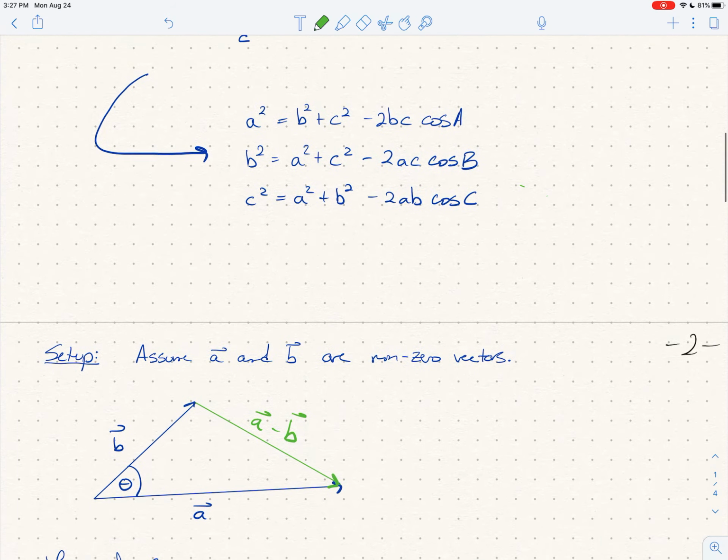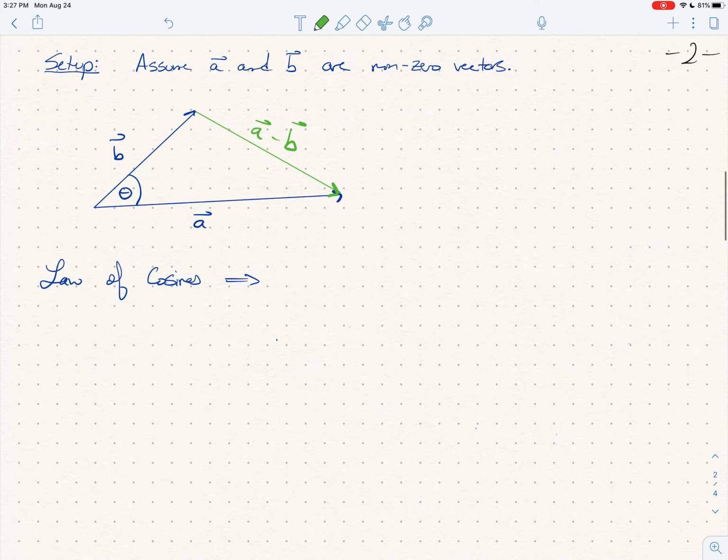The angle that we're interested in is this theta, and so the side whose length we're interested in is this A minus B. This tells you which version of the law of cosines to apply. We want to talk about length, so we're going to say length of A minus B, length of A, length of B, and so on.